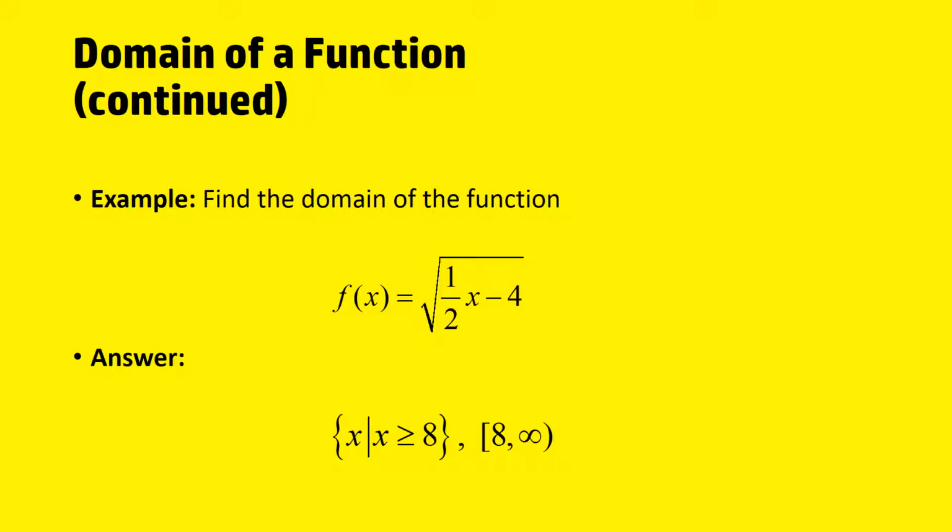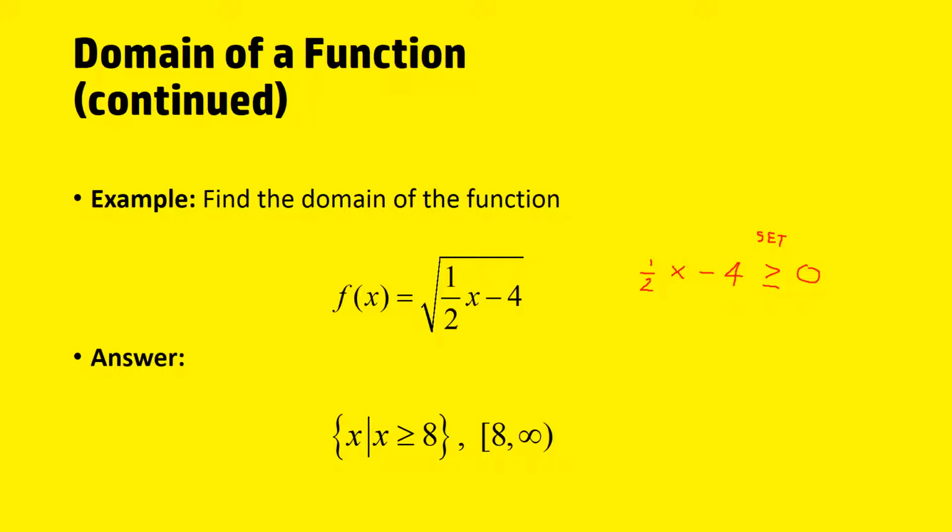Well, if you set the radicand, the thing under the radical, which is 1/2 x minus 4, greater than or equal to 0 and solve for x, you should have gotten the set of real numbers greater than or equal to 8.